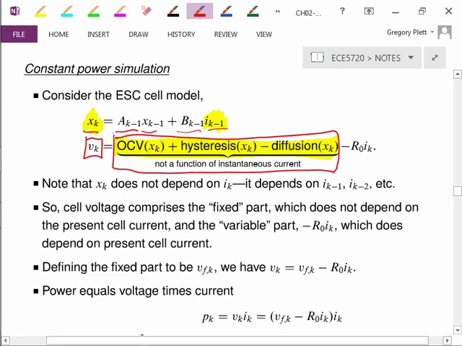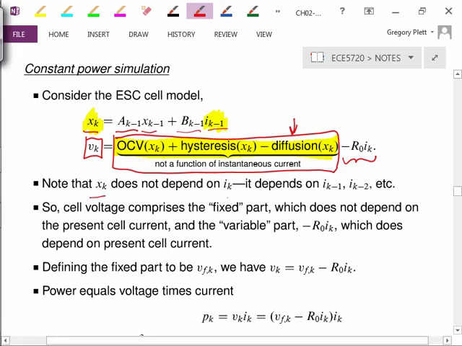That part has already been determined by the previous values of current. The only thing that has any influence whatsoever on the present value of current is this minus I R0, plus of course this factor here, but I can't change that with the present value of current.